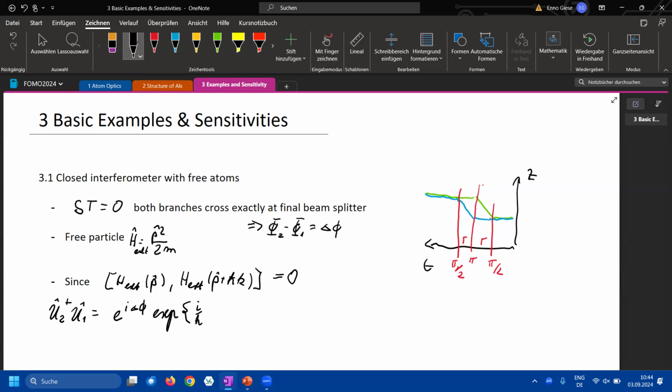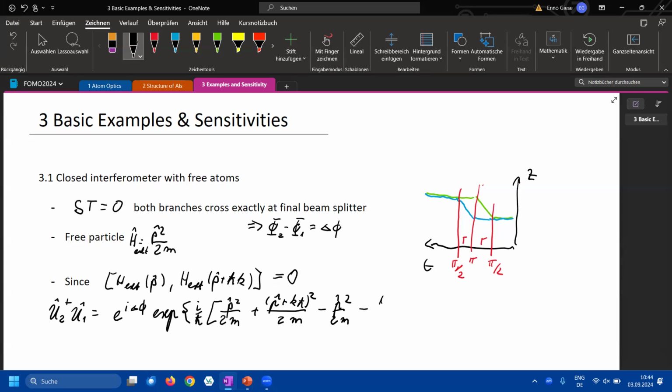So I write it as i over h bar, and I have the backwards propagation of p squared over 2m. Then I have the backwards propagation of the excited state that implies an increased momentum, p plus h bar k squared over 2m. That would be the blue arm backwards. And now I go along the green arm in forward direction, so I get a minus sign. And I first have p squared over 2m.